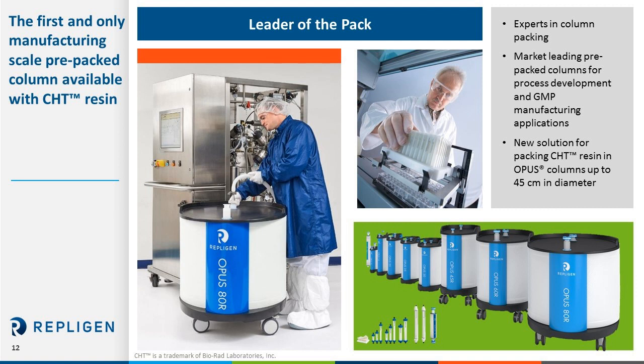So I guess despite all the tests, what happens if the column does not meet specification when it arrives at my facility? Yeah, so despite all these tests, if a column arrives and doesn't meet specification, the first thing that Repligen will do is we'll work on some troubleshooting to isolate the root cause. Why is the plate count and asymmetry not conforming?